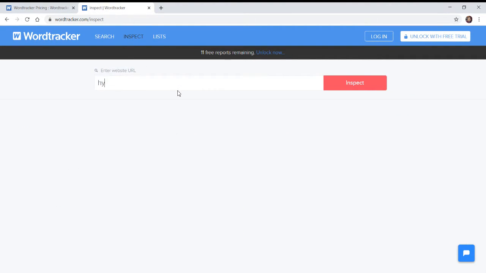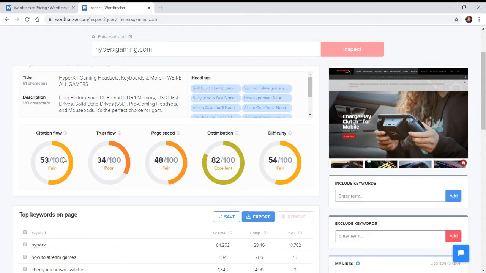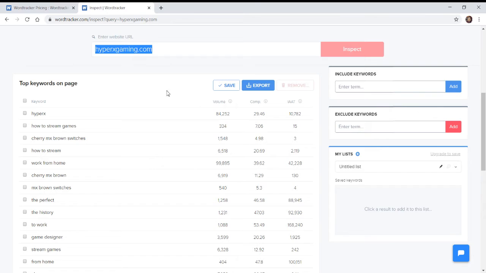Inspect the website hyperxgaming.com. See what pops up. Maybe there's a little more that goes on here when you have the full version or even a free trial. I'm not sure. Citation flow, I believe that comes from Majestic. Trust flow, Majestic. Some of these platforms pull from like Moz. Page speed, that's nice. Optimization, okay. Difficulty. This talks about their top keywords.